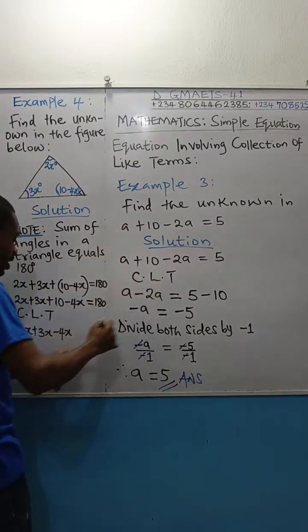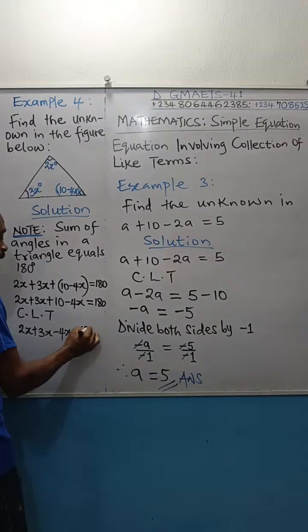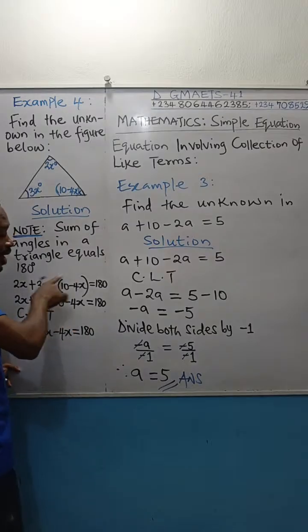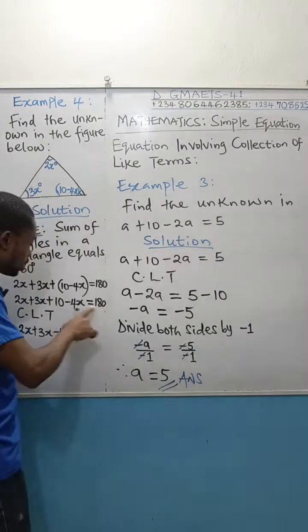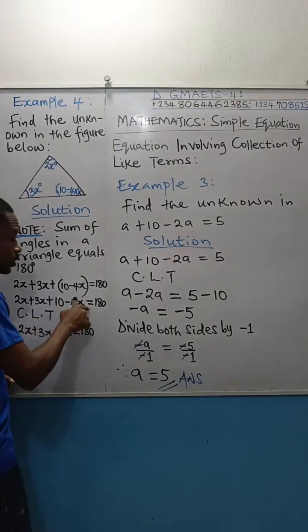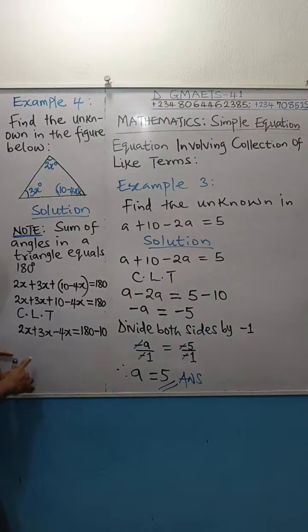So go to the right-hand side, put equal to. What you have on the right-hand side is 180. This plus 10 as a pure number is a like term to this 180 pure number. Move plus 10 from the left-hand side to the right-hand side. If plus 10 crosses equal to, it changes to minus. So you have minus 10.